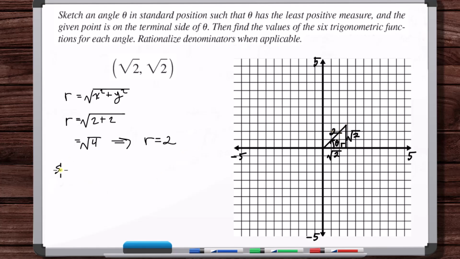Sine of theta is opposite over hypotenuse, so root 2 over 2. The reciprocal of sine is cosecant. That's 2 over root 2, and if you rationalize this, it gives you root 2. So cosecant theta is root 2.